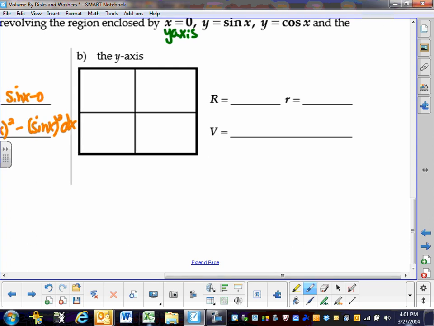Okay, now if we take that same shape and rotate it about the y-axis, we have the cosine graph, which is coming down. We have the sine graph, which is increasing, and we had x equals 0, or the y-axis. So we're taking this shape and rotating it around the y-axis. So what that means, if I do the rotation, is that we're going to get this reflected space, and there's actually no hole.